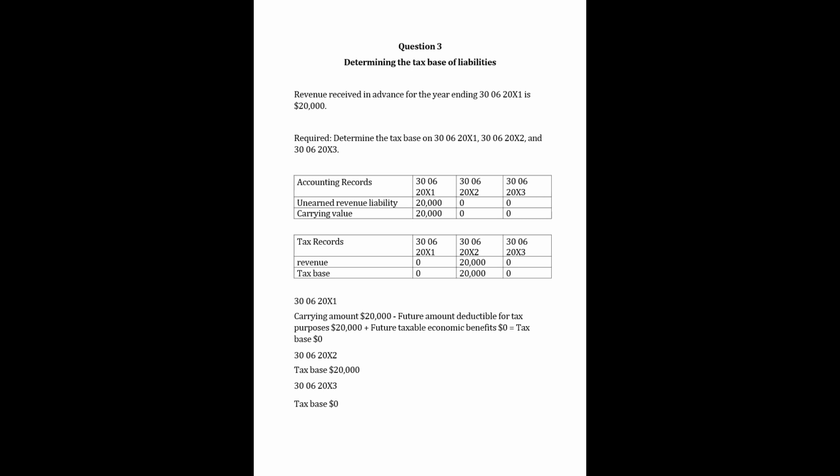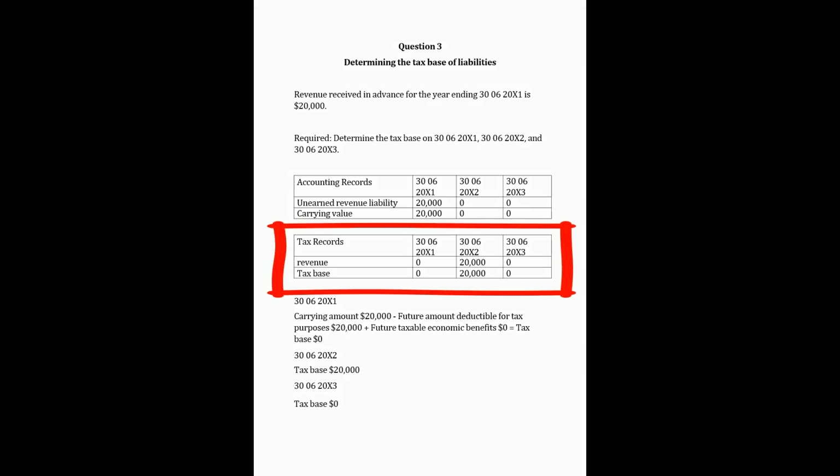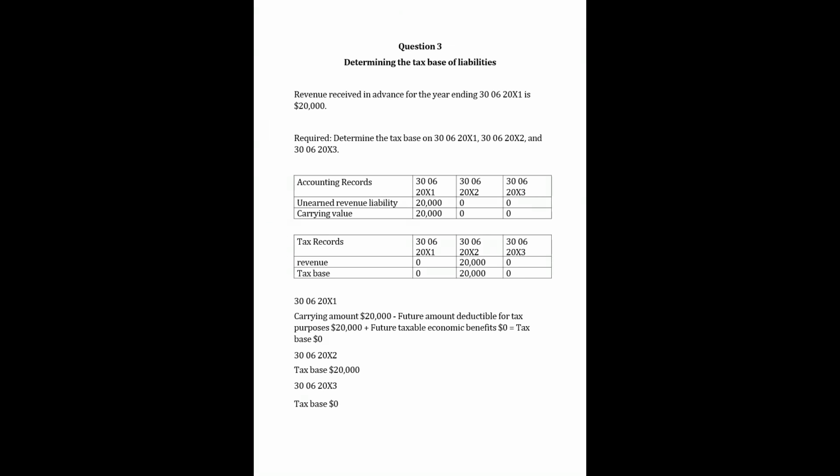Now let's look at the tax records. In the tax record, in 20x1, there's no cash inflow. Therefore, there's nothing to assess, and the tax base is 0.